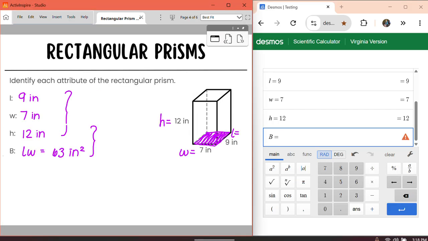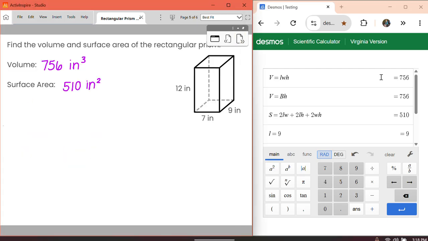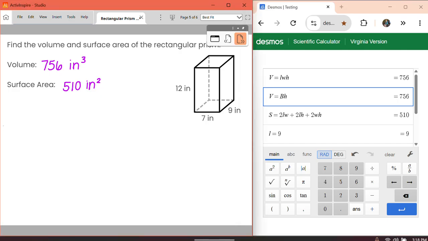So we found that capital B was 63, and now if I scroll up, you can see that both volume formulas gave me the same answer. So it doesn't matter which one you use, it's just which one are you more comfortable with. They both give 756.